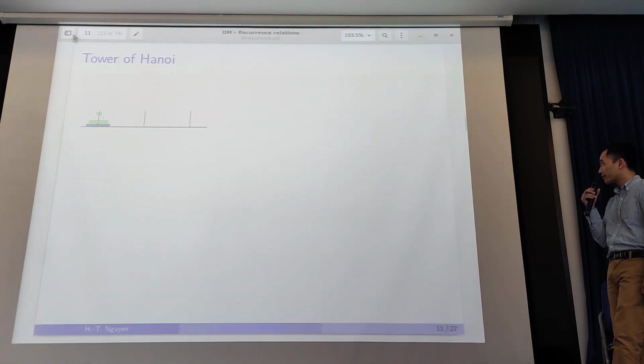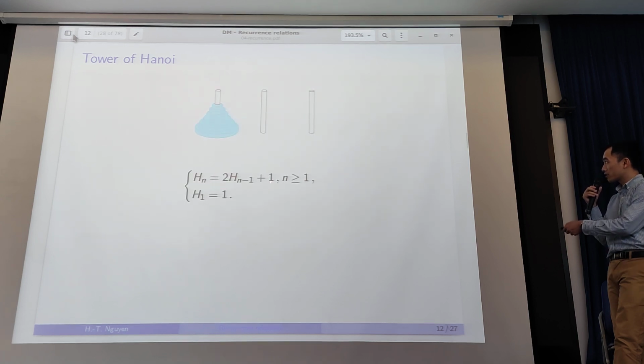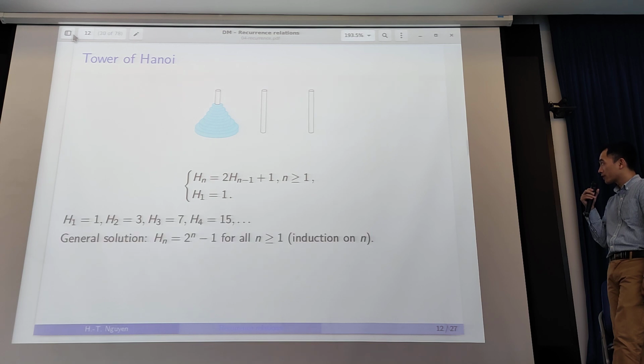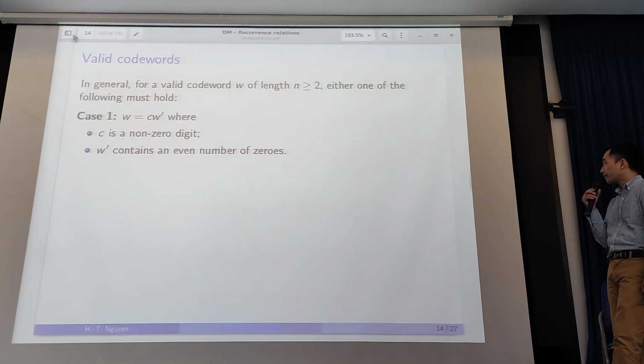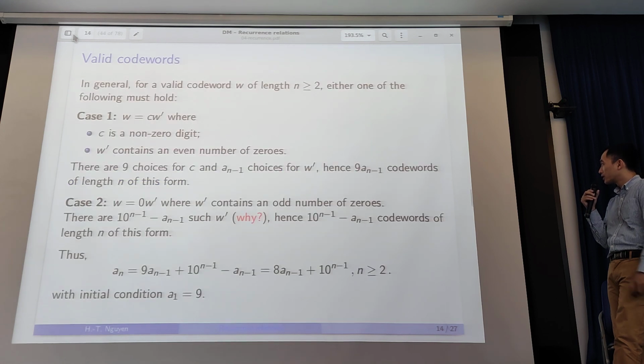So here the same. This relation is also a linear relation because the thing on the right hand side is a linear function. And here, this relation is also a linear relation, okay?